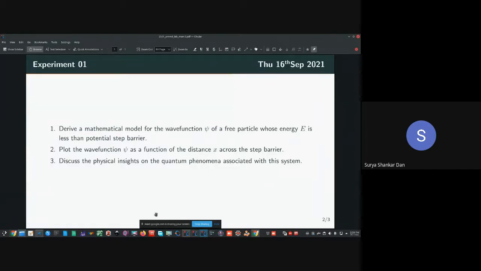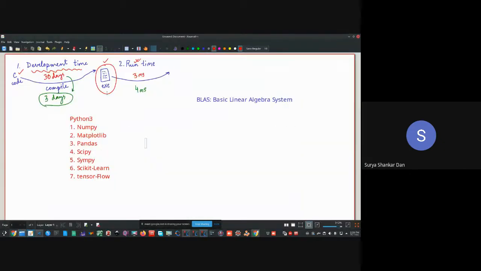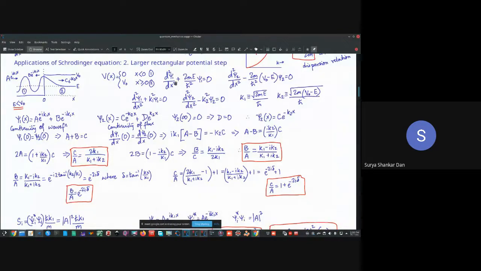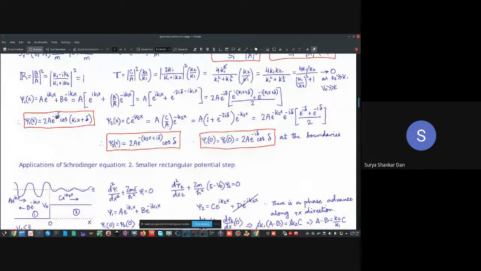This mathematical model has already been done in the class. The mathematical model is done from scratch using quantum mechanics, and these boxes are the models. Now, what was the next part?